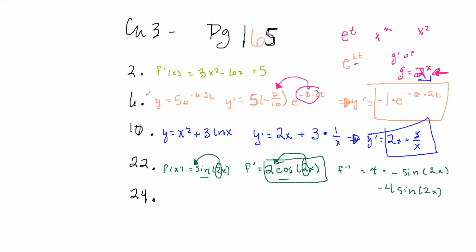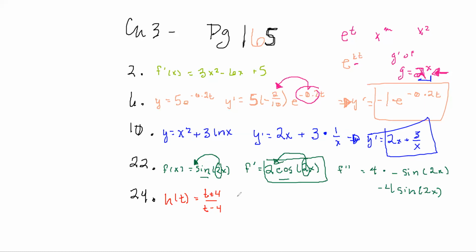All right. And let's take a look at 24. What rule are we going to use to solve this problem? Well, I see division, so my first thought is the quotient rule.